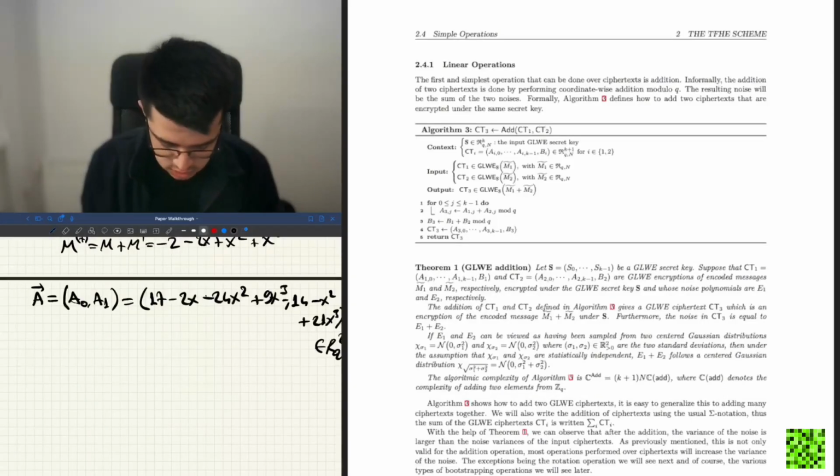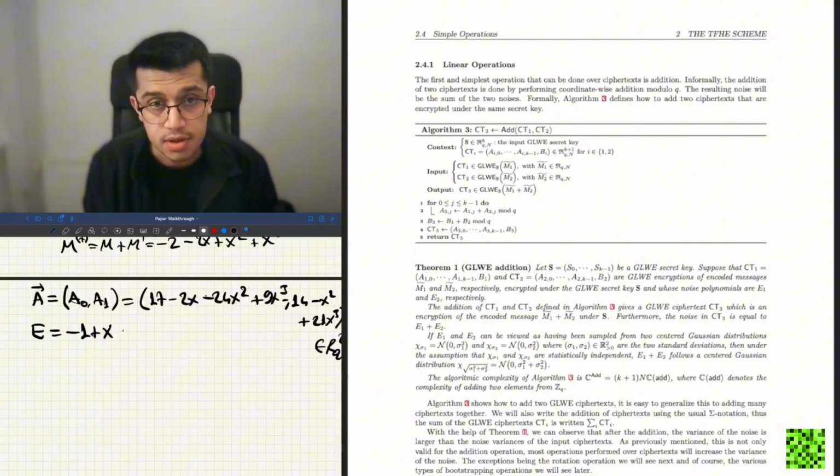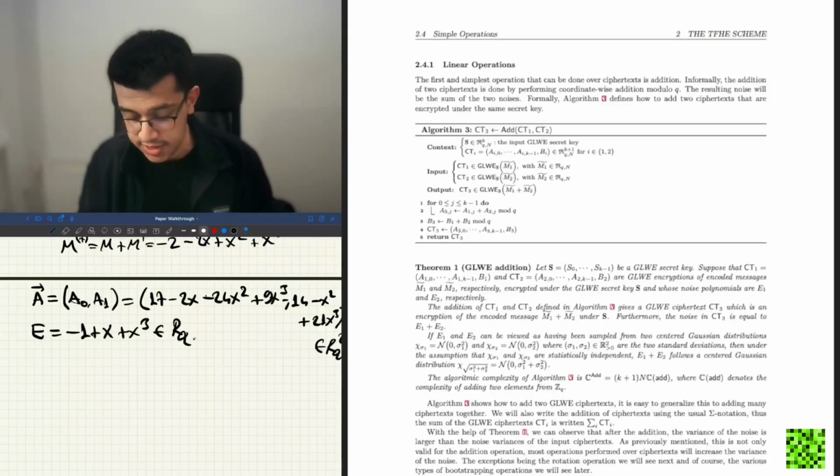And we need also the noise, and let's set it to -1 plus x plus x cubed from RQ. And this is our randomness.